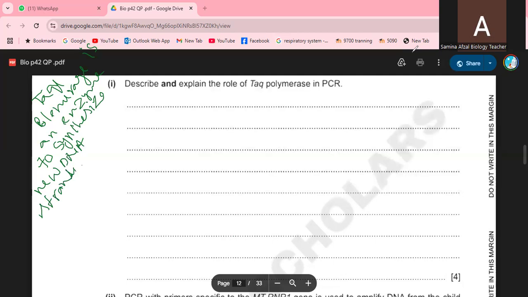So, Taq polymerase enzyme is responsible for making or synthesizing new DNA strands. So, there are different steps which can be considered for its role. First of all, the first is the denaturation.